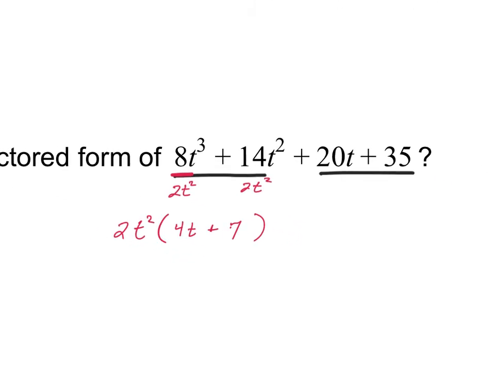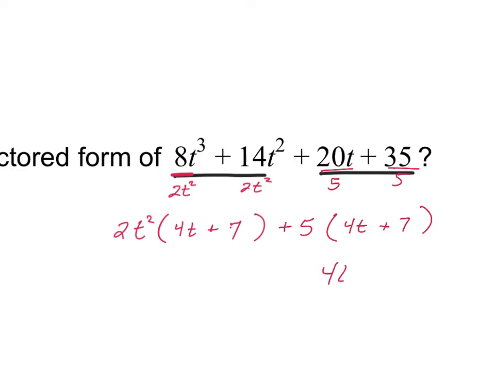And if we've done it right and everything works out, the binomial should be the same. Looking at the greatest common factor here of 20t and 35, it should be 5. If I factor out a positive 5 from both, sure enough, I end up with 4t plus 7.